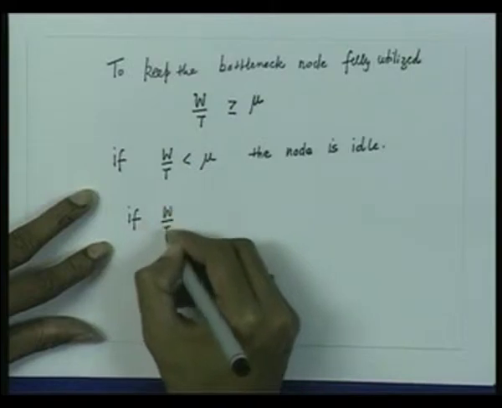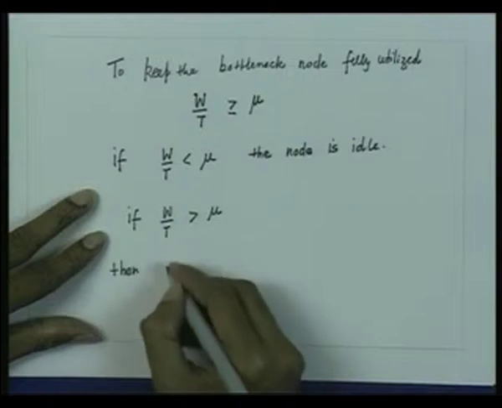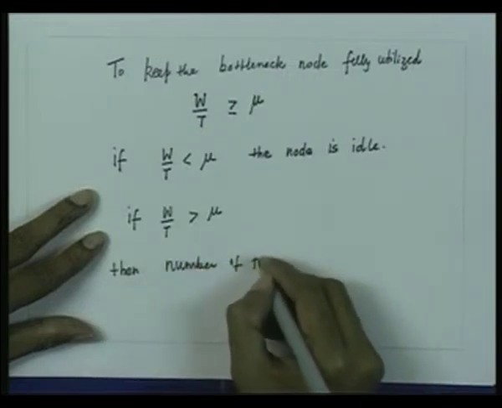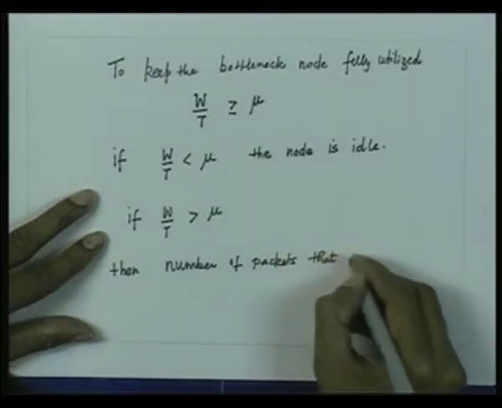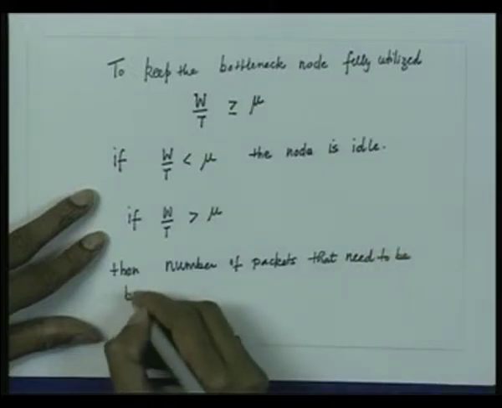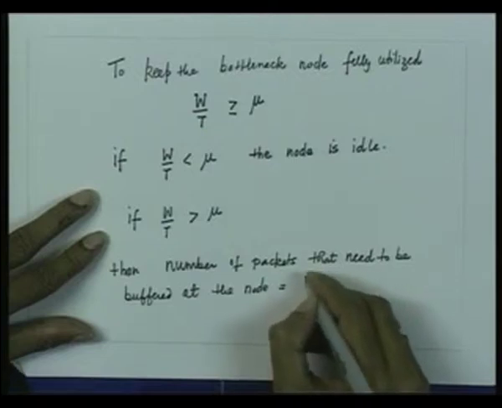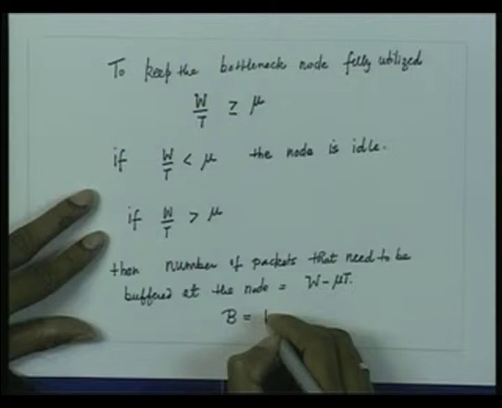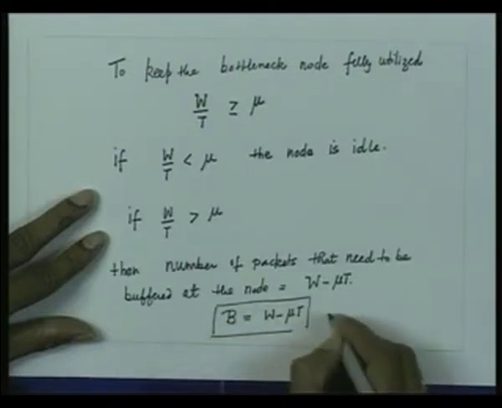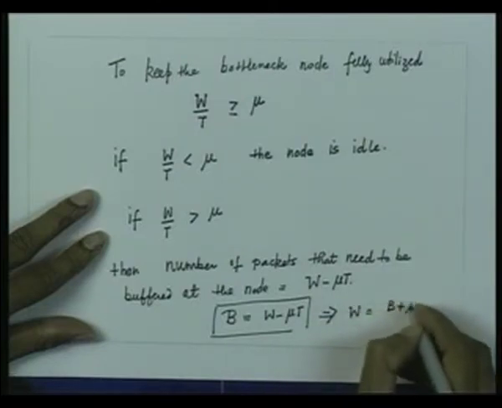If W by T is greater than mu, then the number of packets that need to be buffered at the node will be equal to W minus mu T. So B is W minus mu T, or from this, W becomes equal to B plus mu T. You can see from this relationship, because if the source sending rate is greater than the bottleneck link service rate, then W minus mu T packets need to be stored in the buffer.